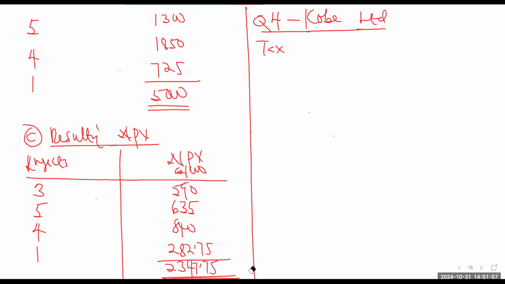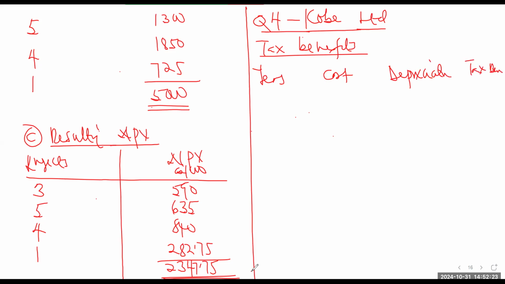It is the tax authority that will give you the tax benefits. So how do we calculate tax benefits? Let's come here. We have the years, we have our cost over here, we have our depreciation, then we have our tax benefit over here.